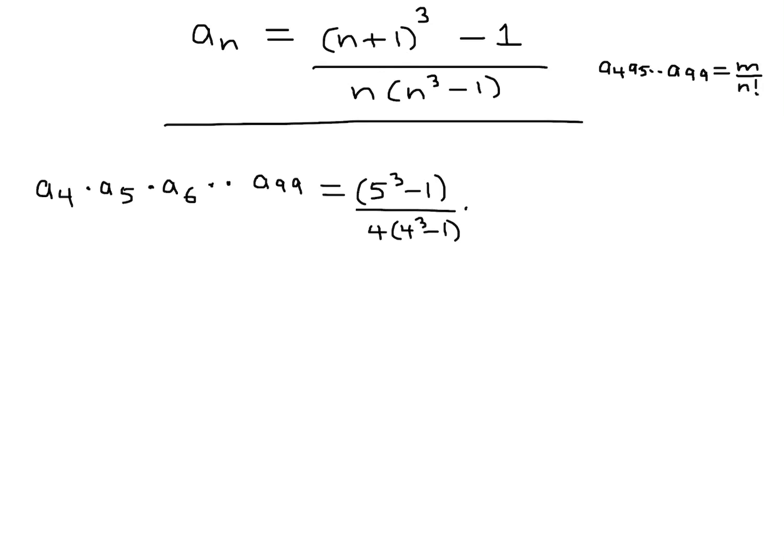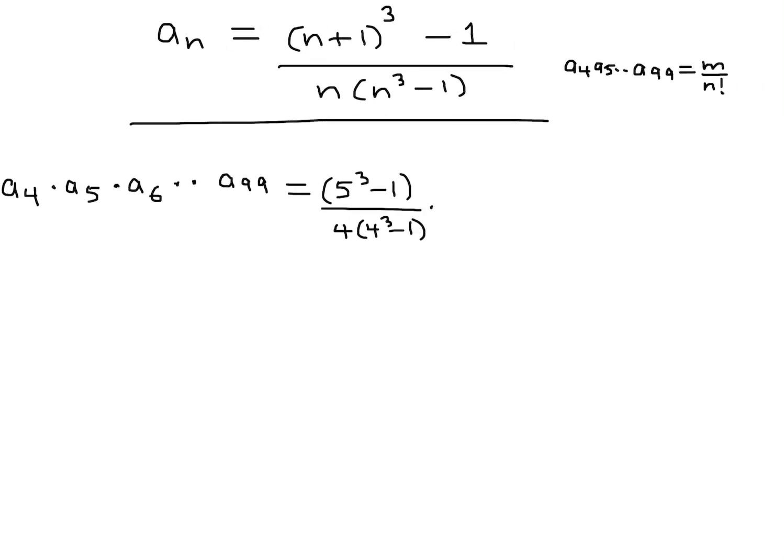And then you're going to multiply that by a5. a5 using this formula up here is going to be 6 to the power of 3 minus 1 over 5 times 5 to the power of 3 minus 1, like that.